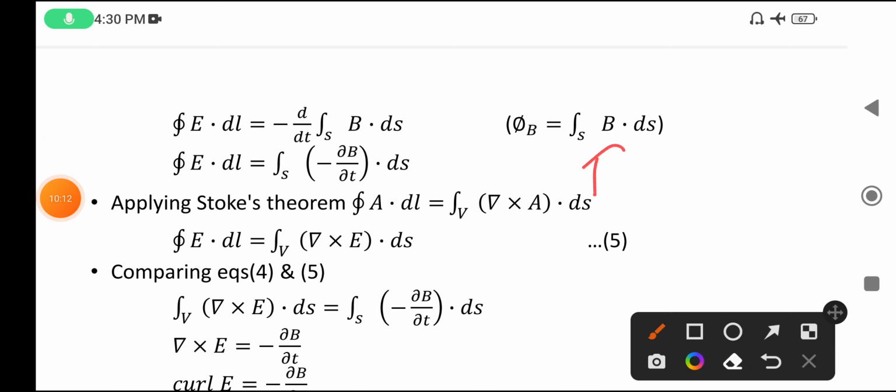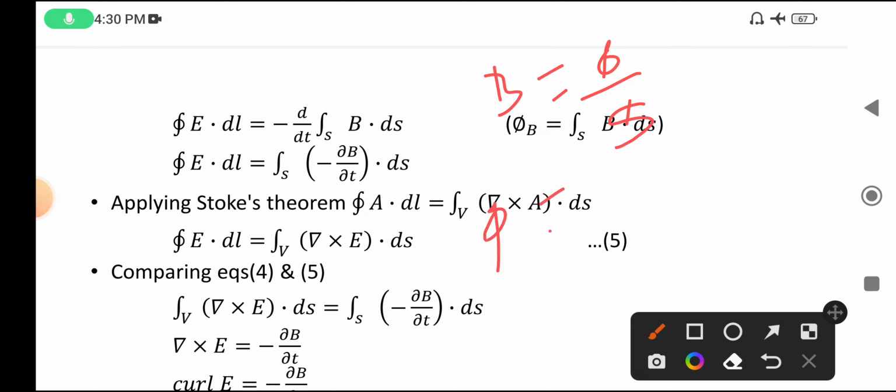Actually, the definition of B is magnetic flux per area. So B is equal to phi by area. Let the area be S. From this, phi can be written as BS. If the area is small, then the flux is also small.